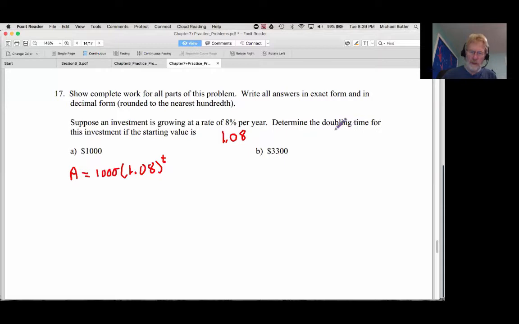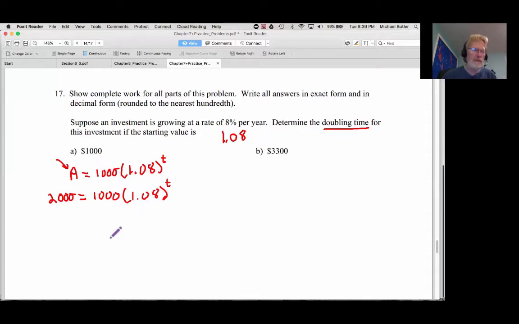So what do they want to know? They want to know the doubling time, right? So that tells you, what about A? What's A got to be? 2,000. Yeah, because we're doubling it, right? So 2,000 is equal to 1,000 times 1.08 to the t, right?